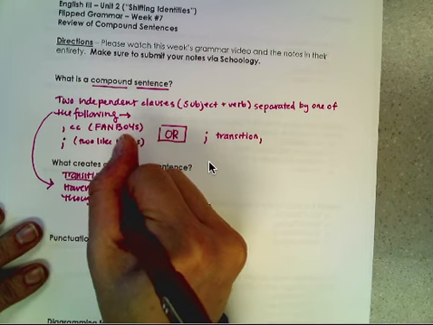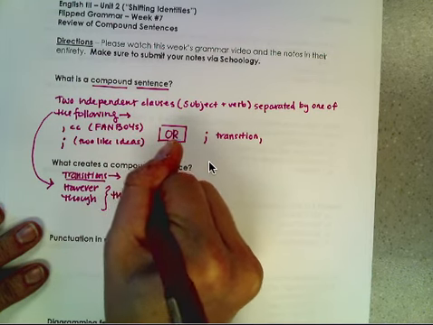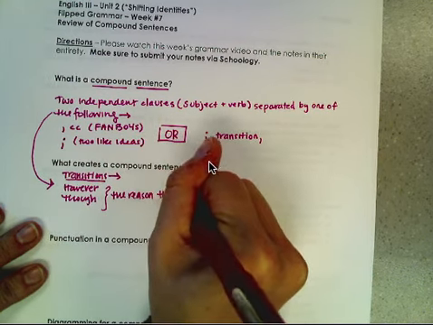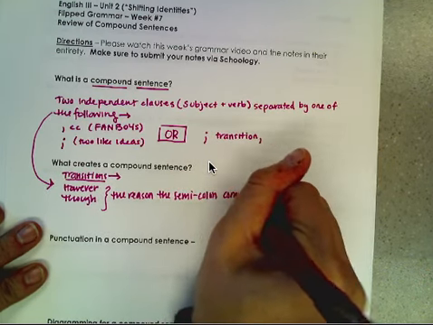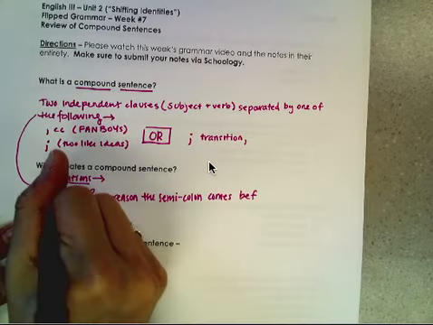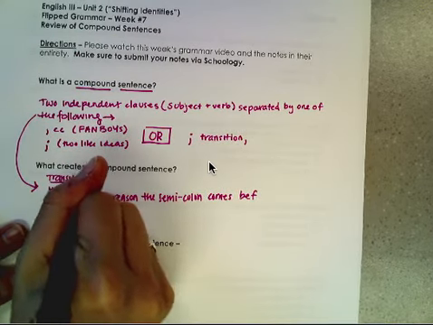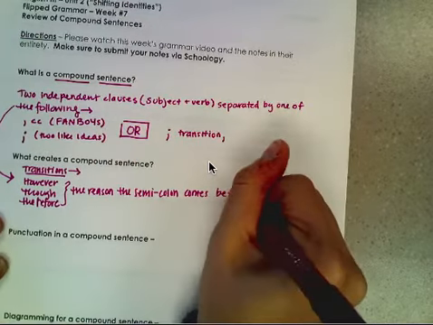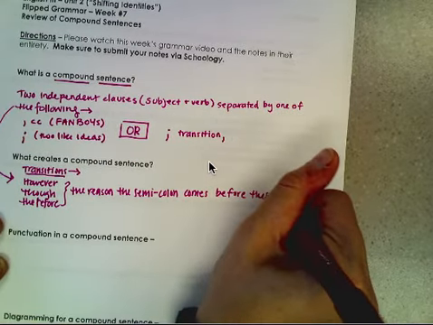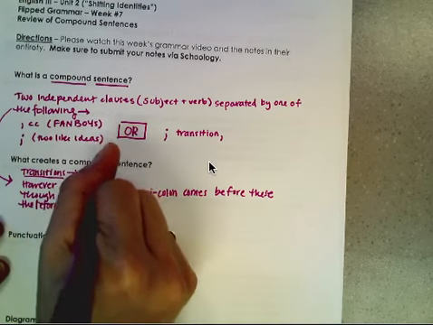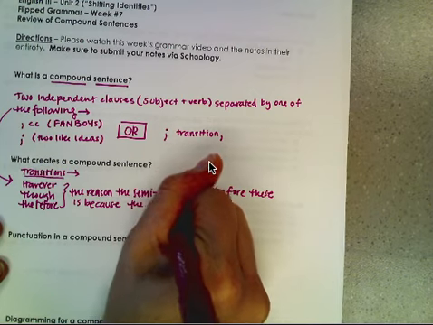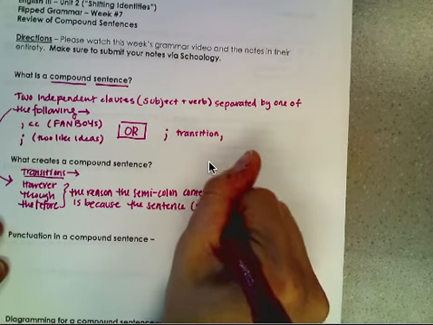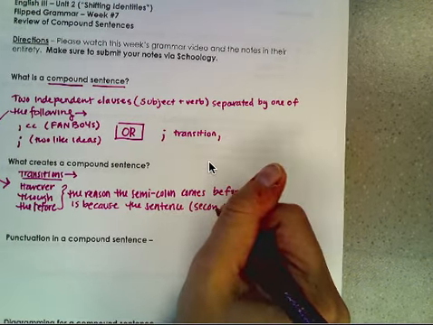The point is, the reason the semicolon comes before these, therefore is another popular one, is because the second independent clause could stand alone.